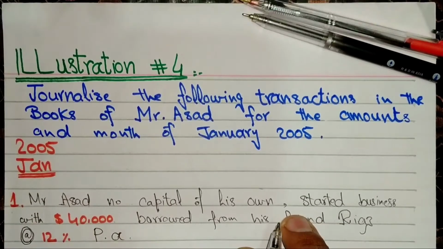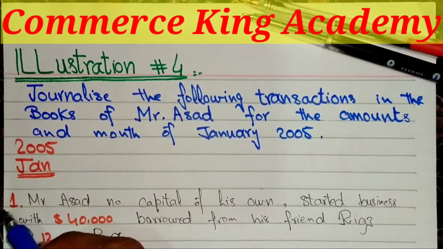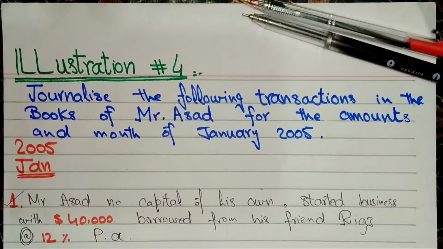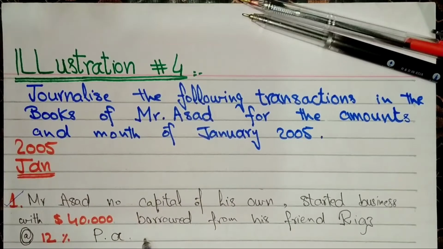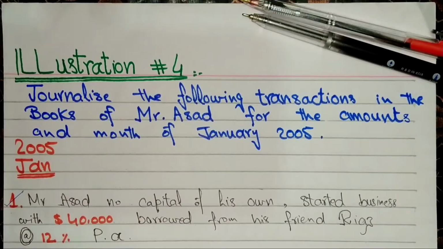So let's get started with the first transaction, which is on Jan 1st. Mr. Asad, with no capital of his own, started business with $40,000, which is borrowed from his friend Riaz at the rate of 12% per annum interest rate, right?